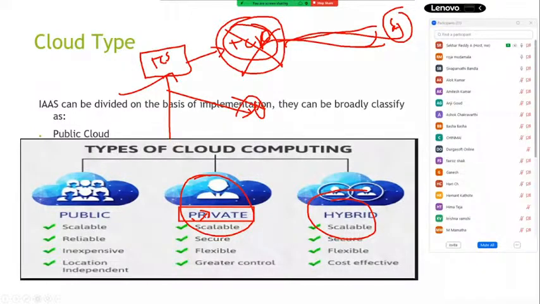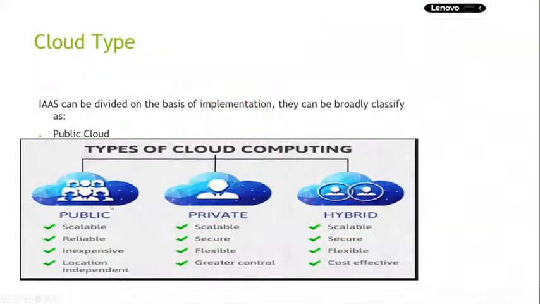Same way here also. A few of the applications are running in public and some of the applications are running in private. If we establish the connection between these two and access overall things, we will call it hybrid. But hybrid is costly, more flexible and secure as well. Also, it is high cost. I will let you know how to do the tunnel later.